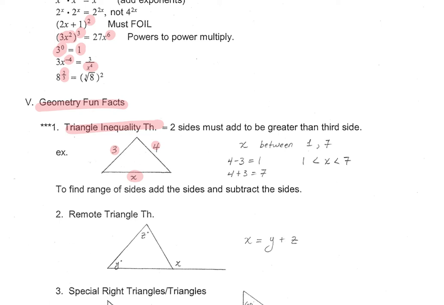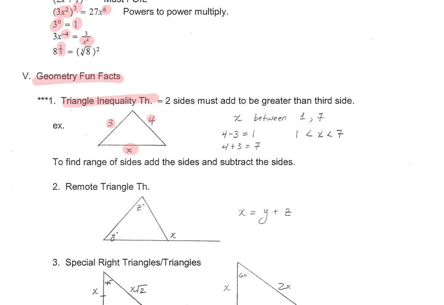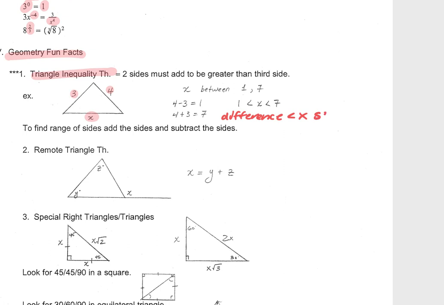And if it gives you two side lengths and it asks you what could the third one be, it's got to be bigger than the difference, but less than the sum. So the difference between 4 and 3 is 1. The sum would be 4 plus 3, which would be 7. So x has to fall in between those two for that missing third side.